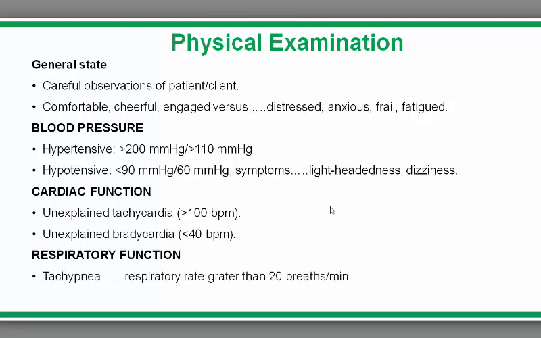In terms of respiratory function, in a similar manner, it's important to understand that under resting conditions, is the respiratory rate greater than 20 breaths per minute, or less than 8 breaths per minute. And so these are two other important considerations that will impact the successful execution of an exercise test.